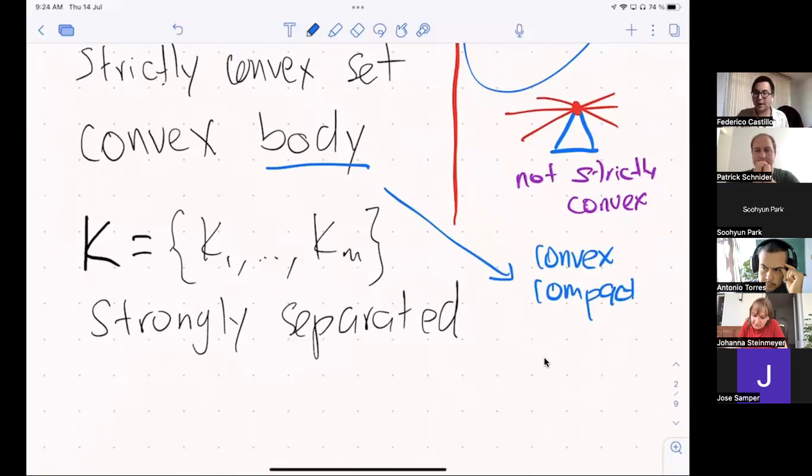You can have an infinite set, like the whole Euclidean space, which is of course convex. And sometimes you have open ones, like the upper half space, which will also be convex. And sometimes we don't want these examples. We want them to be closed and bounded, in other words, compact, and with non-empty interior.